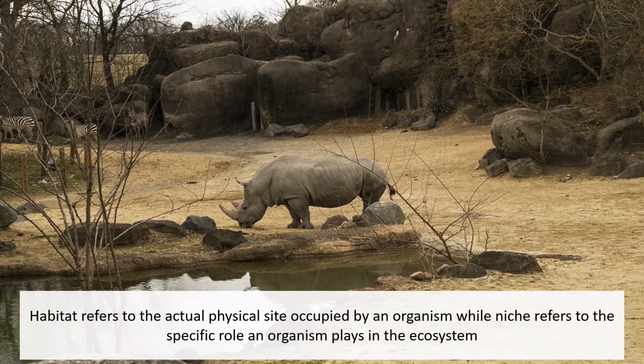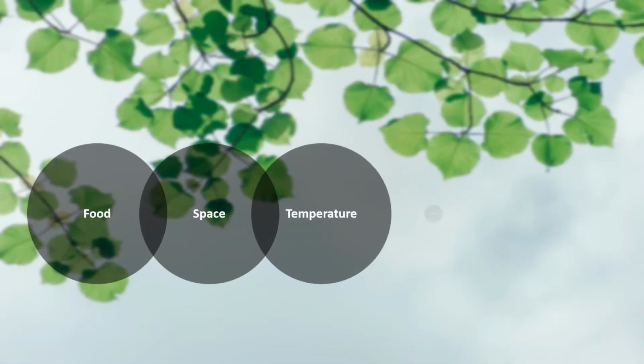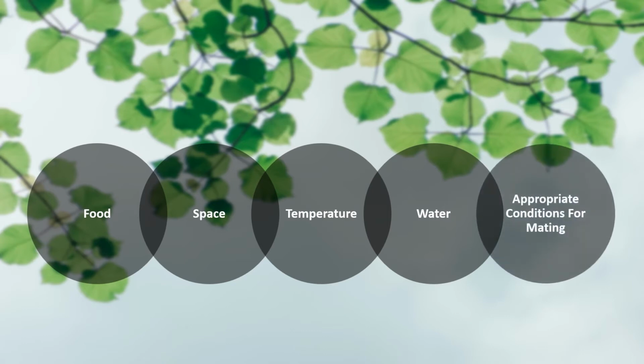The parameters of niche include food, space, temperature, water, and the appropriate conditions for mating. It also includes the organism's behavior and the way in which the behavior changes with different seasons and changing times of the day. So all these parameters are included in a niche, and habitat is the actual site where the organism resides or is found.